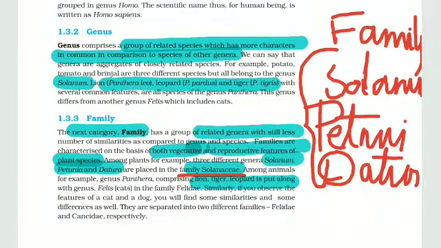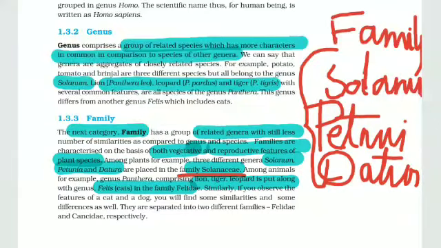So the family is called Felidae. So the tiger, lion and leopard, which belong to the same genus, that is Panthera, all belong to the same cat family, that is Felidae. If you compare the family of cat and a dog, there is a difference. They do not belong to the same family.